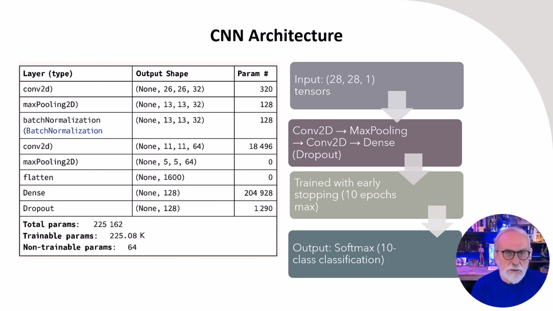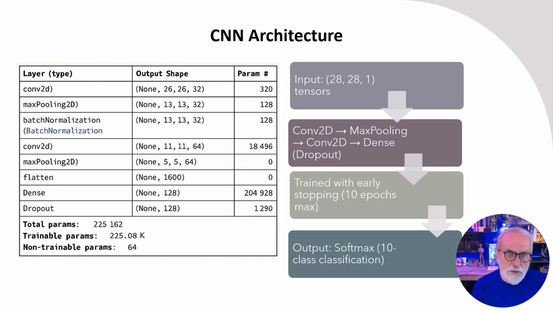Next, a second Conv2D layer with 64 filters further extracts complex features, followed again by max pooling to compress the feature maps. The output is then flattened into a one-dimensional vector, connecting it to two dense, fully connected layers. The first dense layer has 128 neurons and applies a dropout layer for regularization to prevent overfitting.